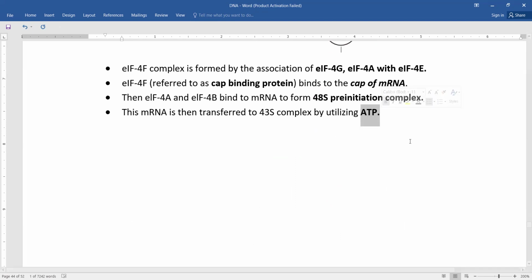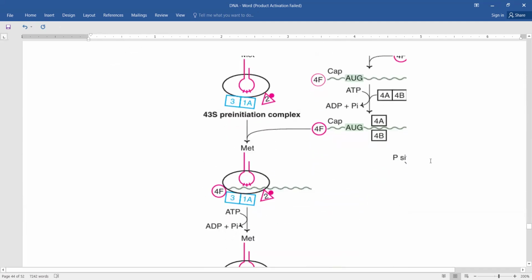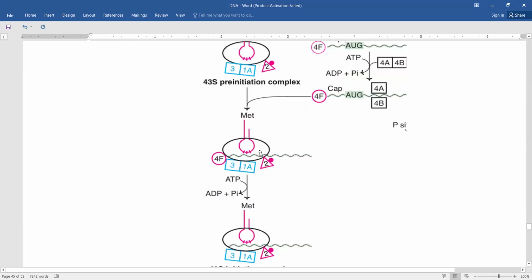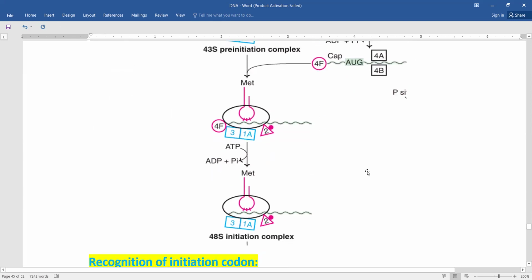Okay, so first 43 form అయింది, next 48S form అయింది. ఎట్లా? Just by binding of mRNA to the 43 అంతే. So you can see this is the 43S pre-initiation complex. This is charged or activated mRNA, which has joined to this 43S pre-initiation complex, right?